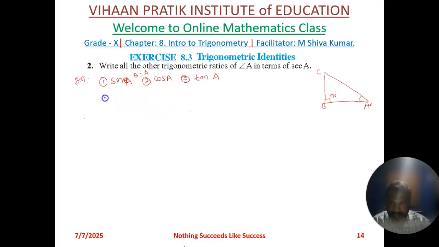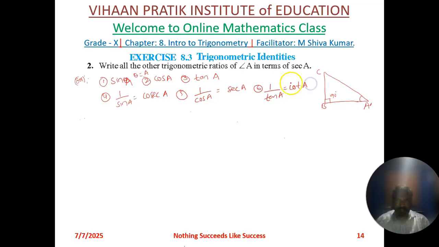Derived are reciprocal of sine A, which is cosecant A. Fifth one is reciprocal of cos A, which is secant A. And the last one is reciprocal of tan A, which is cot A.